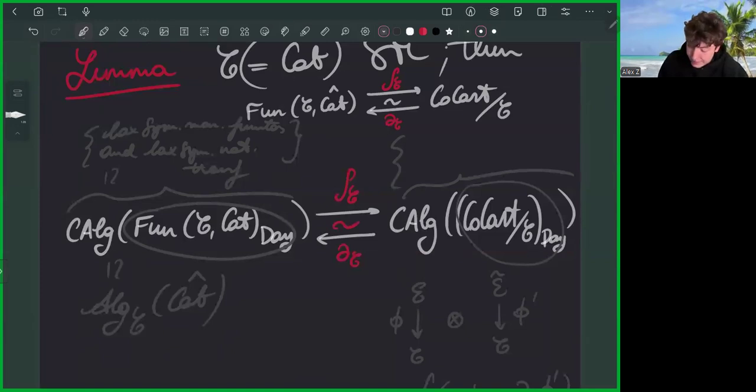Namely, on this hand side, those things will correspond to, let me call them, co-Cartesian fibrations of symmetric monoidal cats over C tensor, and co-Cartesian morphisms between them.